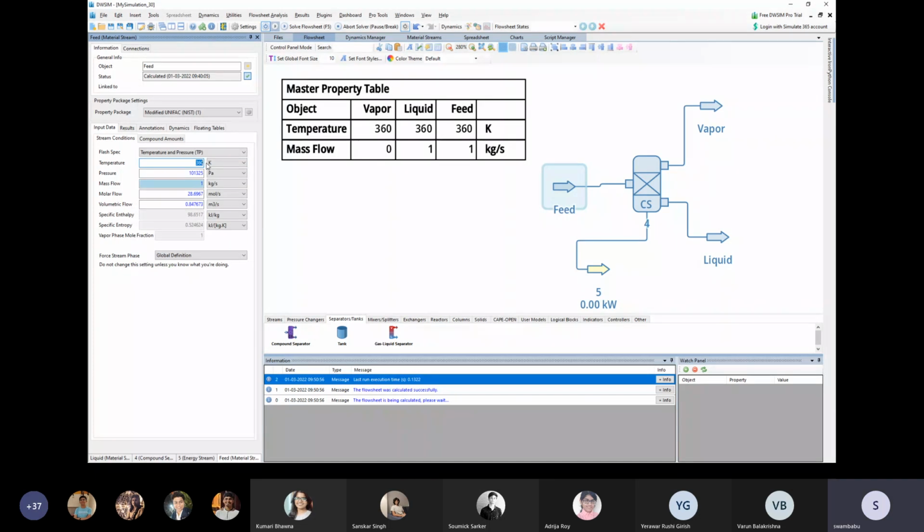So we can vary temperature, we can vary pressure, and we can see how much liquid and how much vapor comes out from the system. We can do all these calculations.